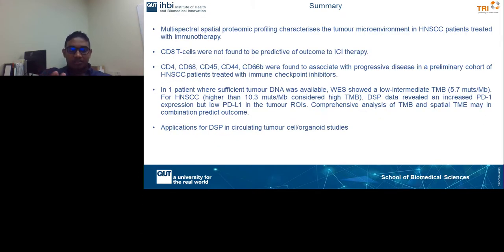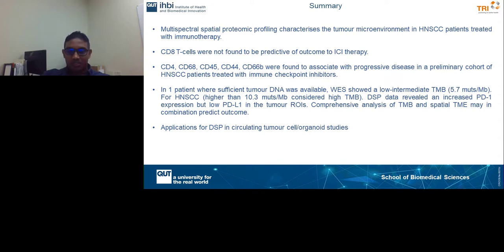So in summary, multispectral spatial proteomic profiling characterizes the tumor microenvironment in HNSCC patients treated with IO. CD8 T cells were not found to be predictive of outcome to immune checkpoint therapy. There were a number of other markers, CD4, CD68, CD45, 44, and 66B, found to associate with progressive disease in a preliminary cohort of patients.